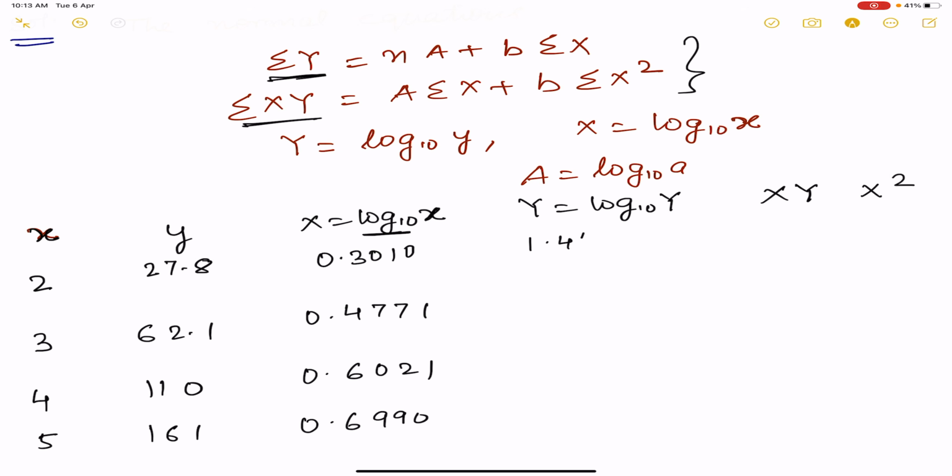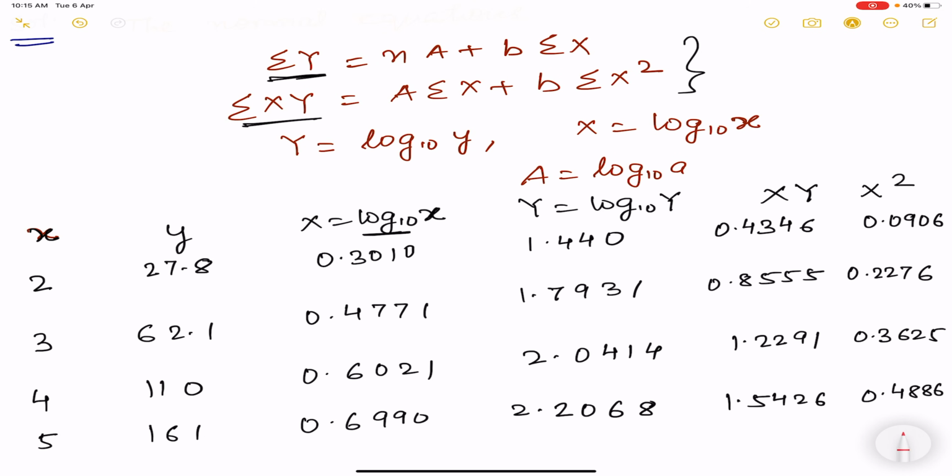It is 1.4440, 1.7931, 2.0414, and then 2.2068. Multiply capital X and capital Y, and fill in the values of X square and XY.